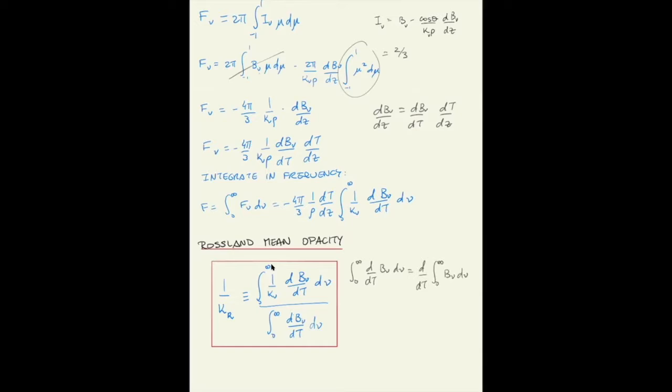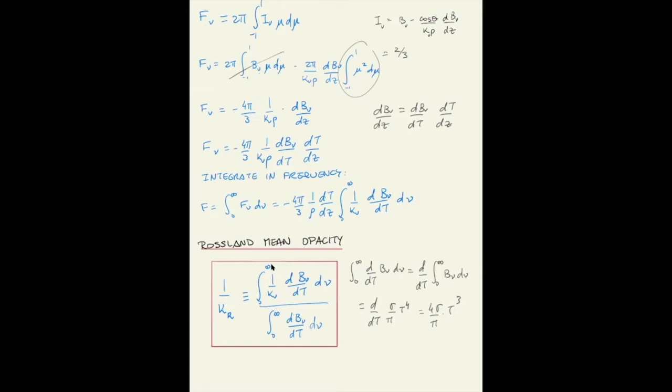And you know that the integral of the Planckian is (1/π)σT⁴, which is then (4σ/π)T³. So I have an expression for the integral in terms of this Rosseland mean opacity that we just defined.